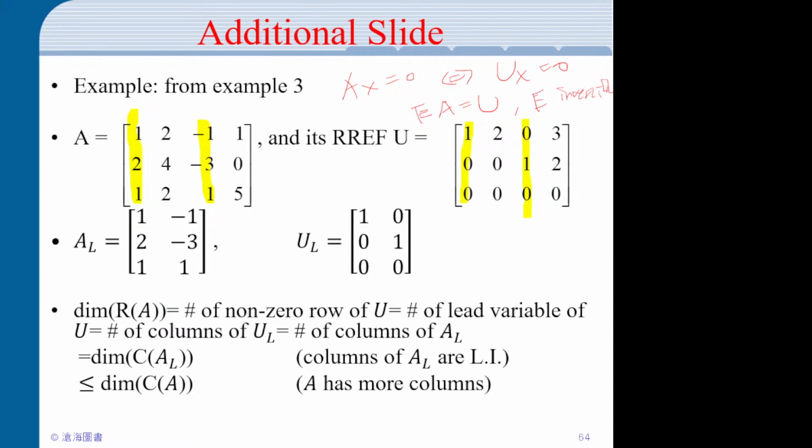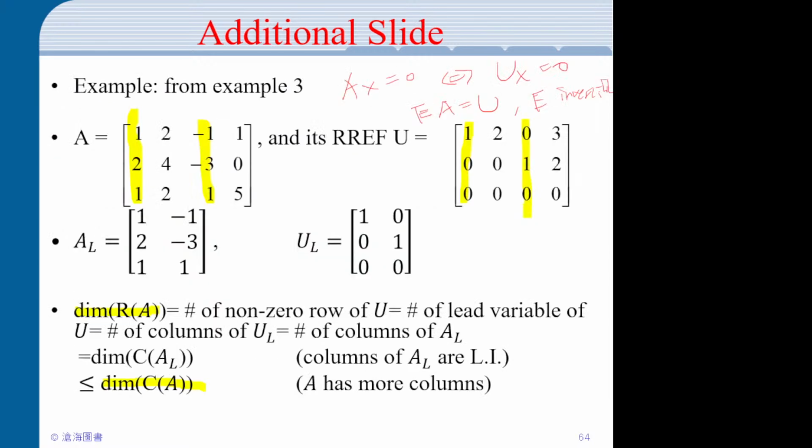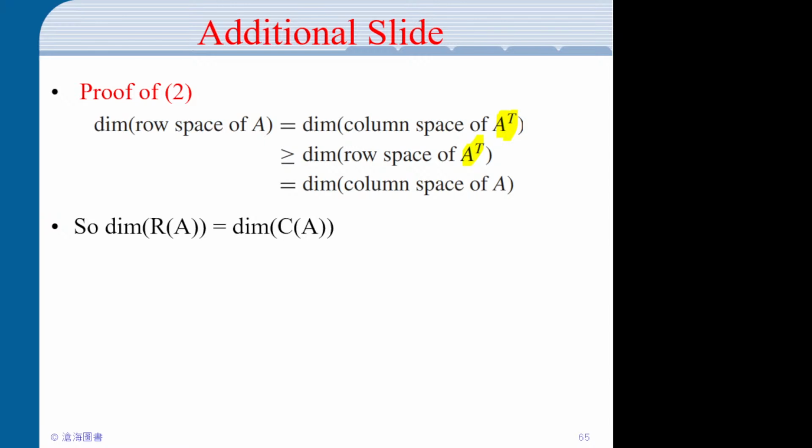Okay, so I should highlight. We start with the dimension of the row space of A, and finally it's less than or equal to the dimension of C of A. Okay, so this is what I want to prove: dimension of C of A is greater or equal to dimension of R of A. This is the hard part, and the easy part is you do the same argument to AT, the transpose of A. You swap the columns and the rows, and obviously you swap the row space and the column space.